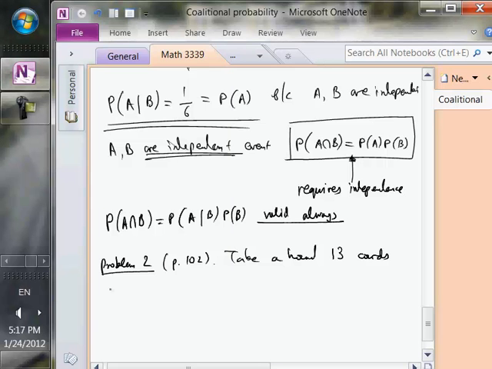Find the probability that at least 3 aces are contained in the hand, given that there are at least 2 aces.